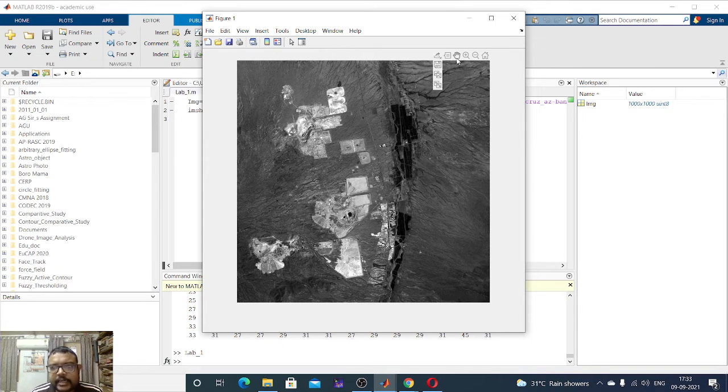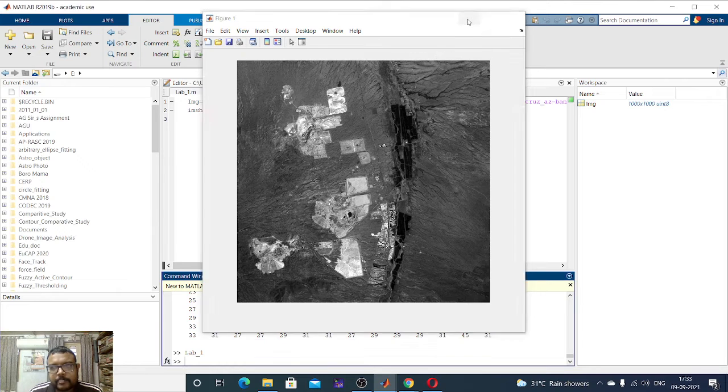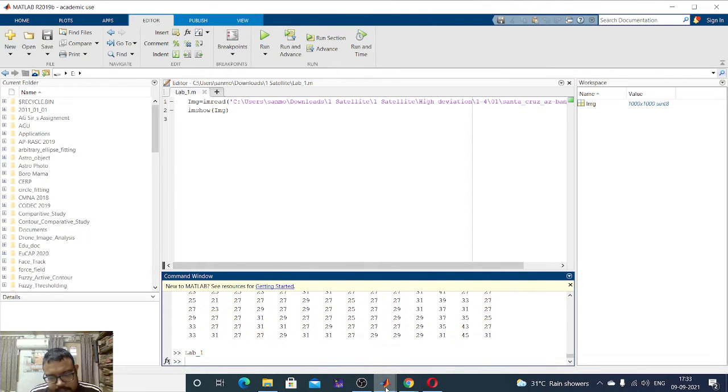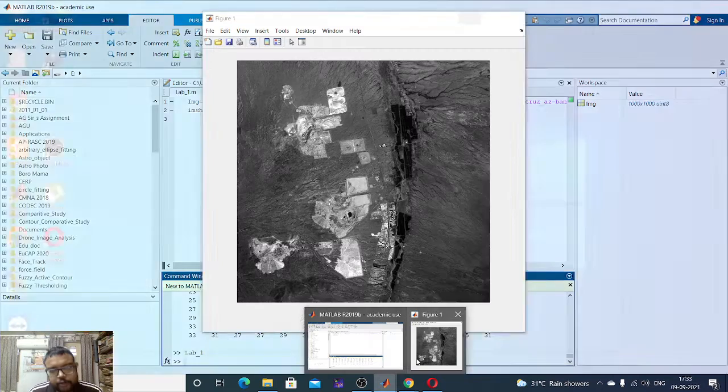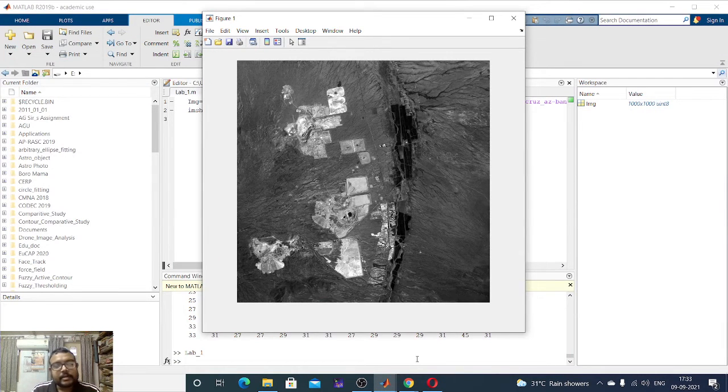Some of the things I want to show are not working. Do you have any idea how to read the properties of this image or image pixel?